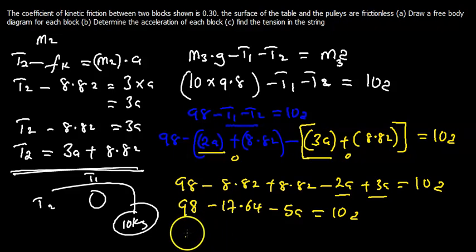So, collecting the items at this point, if you do 98 minus 17.64, the answer left is 80.36. Here we have 10a, negative, moving it to the other side, which is simply going to be 10a plus 5a, which the answer is going to be 15a.